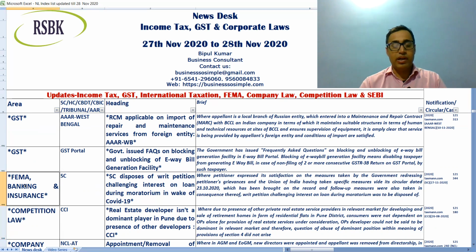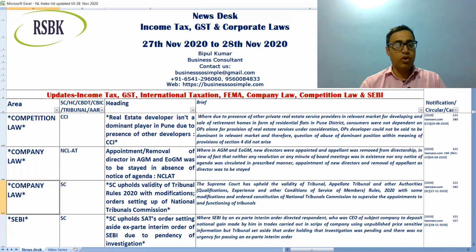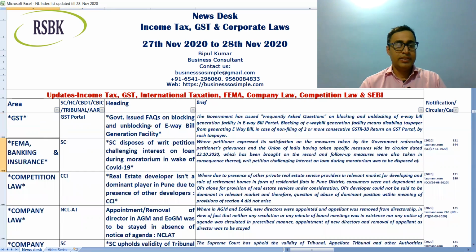Let's cover updates on FEMA, banking and insurance. Supreme Court decision: the Supreme Court disposes of the writ petition challenging interest on loan during the moratorium in the wake of COVID-19, where the petitioner expressed his satisfaction on the measures taken by the government redressing the petitioner's grievances, and the Union of India having taken specific measures vide circular dated 23rd October 2020.